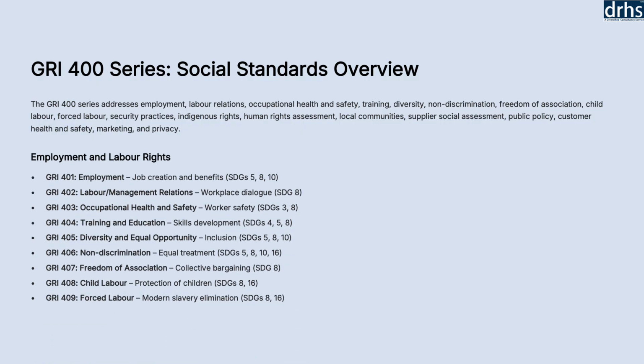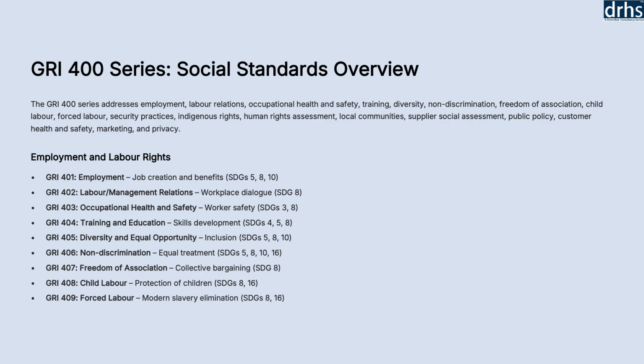Employment and labor rights. The employment and labor rights standards focus on fair, safe, and inclusive working conditions. GRI 401, Employment, covers workforce composition, turnover, and employment benefits, supporting SDG 8 on decent work. GRI 402, Labor-Management Relations, emphasizes timely communication and consultation during operational changes.